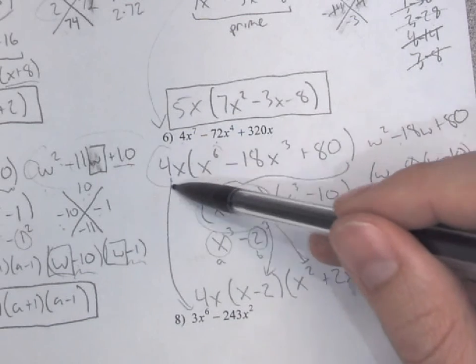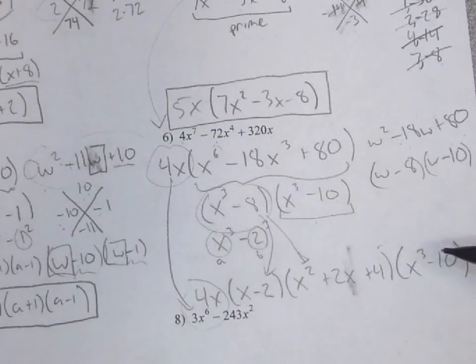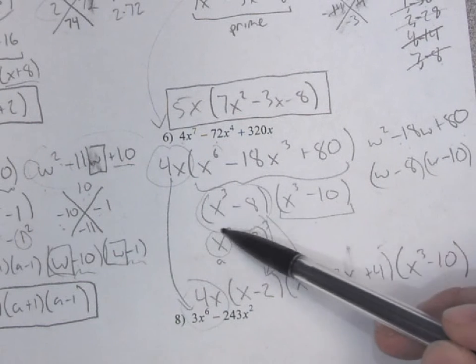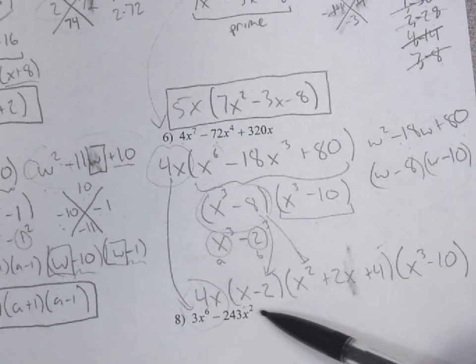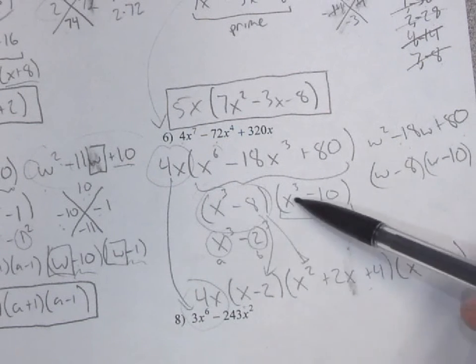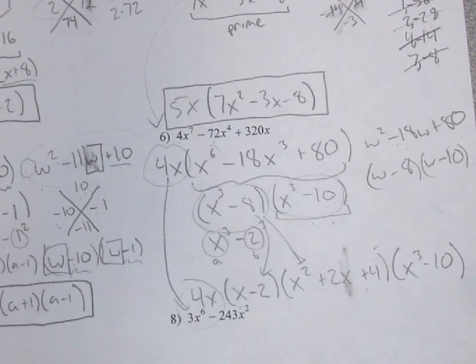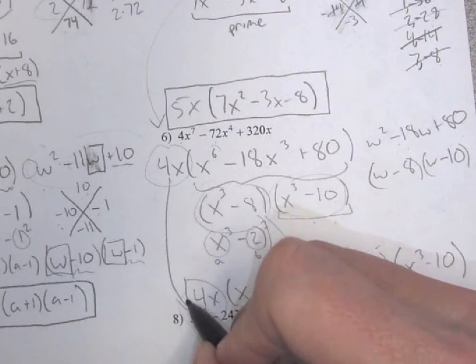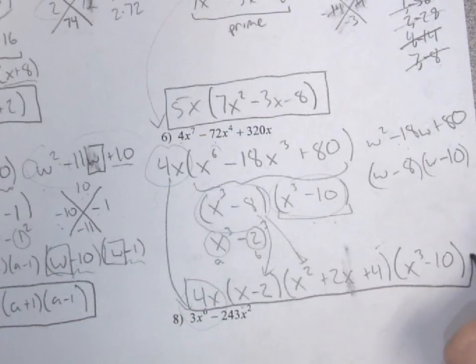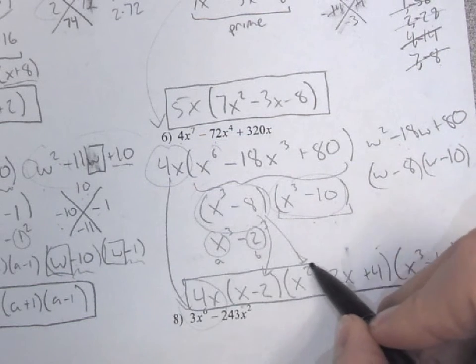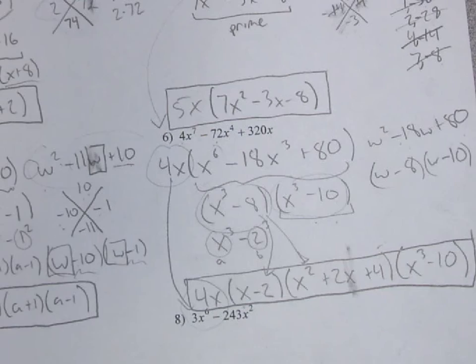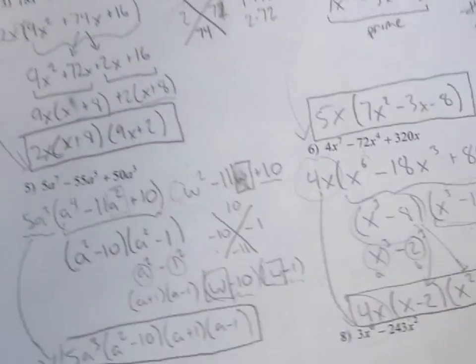So we have our original greatest common factor, that's here. We have this difference of cubes, which factored to this piece and this piece. And then we had this other binomial that's not factorable down here. And so this actually has 4 terms, or 4 factors. And there we go. Okay, 2 more.